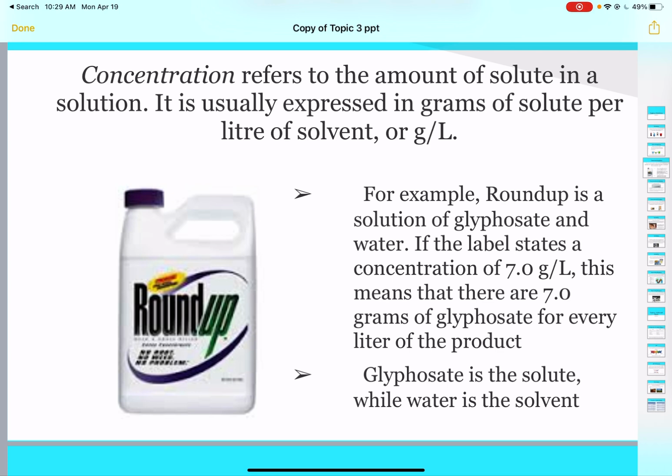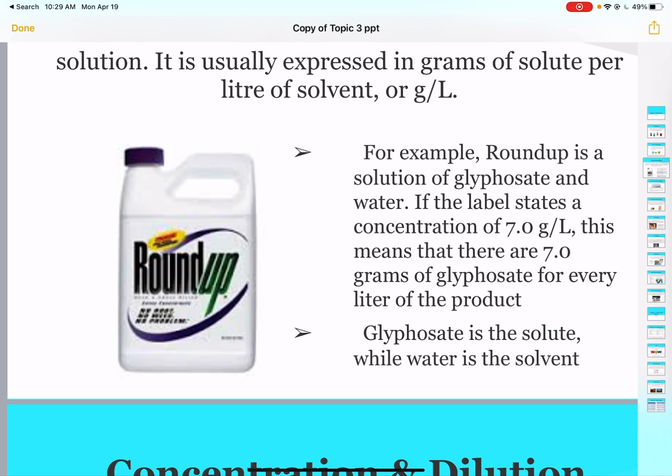So when we're talking about concentration, it's really just how much mass of our solute is in each measurement of solution. Glyphosate is the solute, where water is the solvent. So that's an example of using solute and solvent.